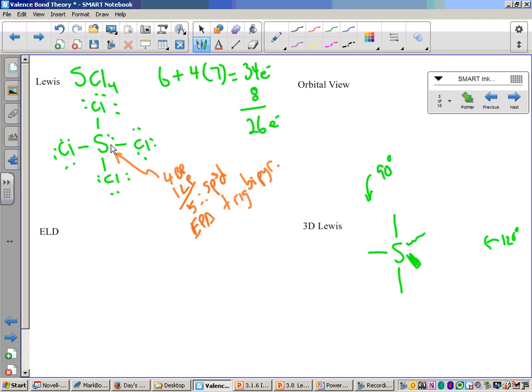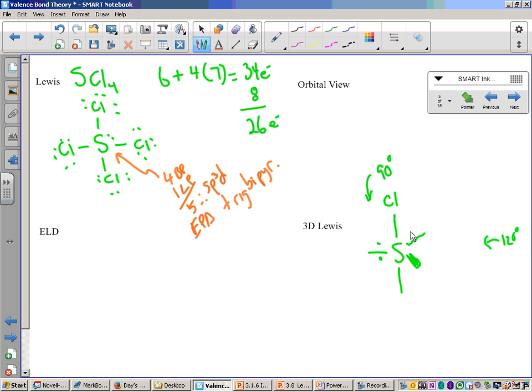So the lone pair is going to need to go in a position that gives it the most space. The nearest neighbors in the equator are 120 degrees away, and the nearest neighbors in the polar regions are all 90 degrees away. So there's actually more room in the equatorial positions, so the lone pair will always go in the equator for sp3d hybridization.